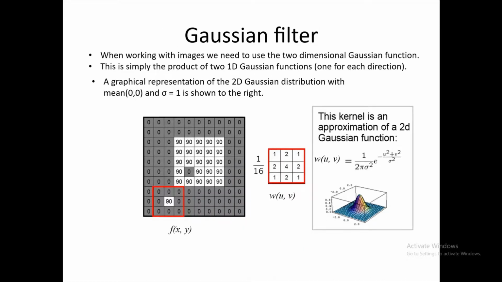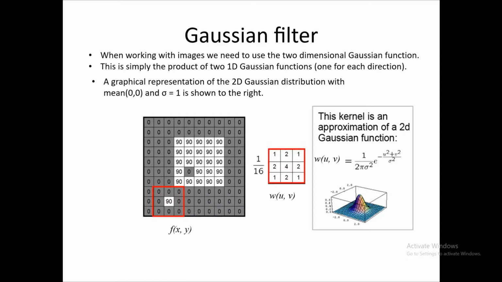And when we are working with images, we need to use the two-dimensional Gaussian function, and this is simply the product of two 1D Gaussian functions, one for each direction. Here a graphical representation of the 2D Gaussian function with the mean at 0, 0, and sigma equal to 1 is shown on the right.